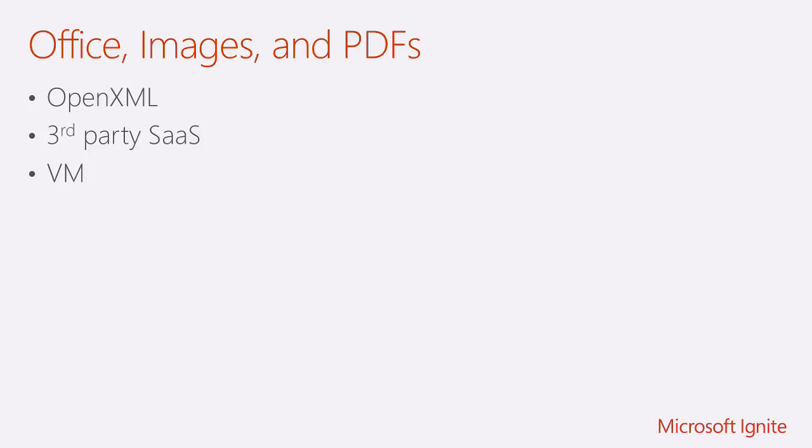Or use a third party, because there are third-party services out there that you can use to generate PDFs through HTML generation. Or you can utilize infrastructure as a service: you can have a virtual machine on which you run a specific service to generate these PDFs. And last, you can also use SQL Server Reporting Services.